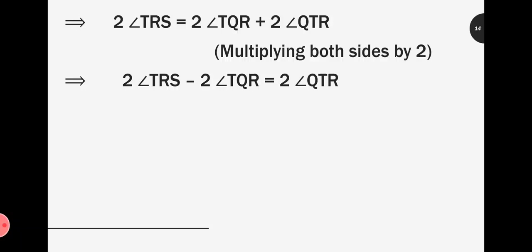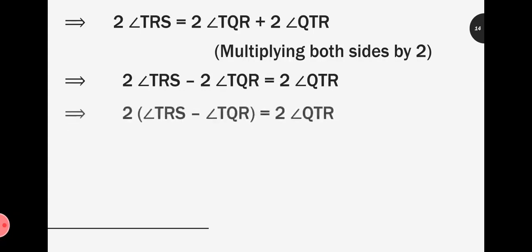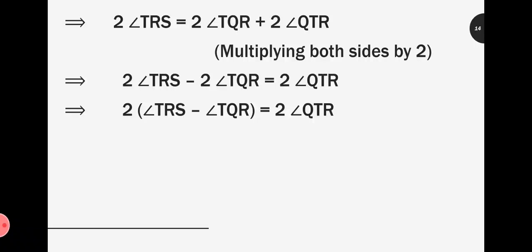Further, we transpose angle TQR to the left hand side. So we get twice angle TRS minus twice angle TQR equal to twice angle QTR. Again we take 2 out common on the left hand side, so we get twice in bracket angle TRS minus angle TQR equal to twice angle QTR.